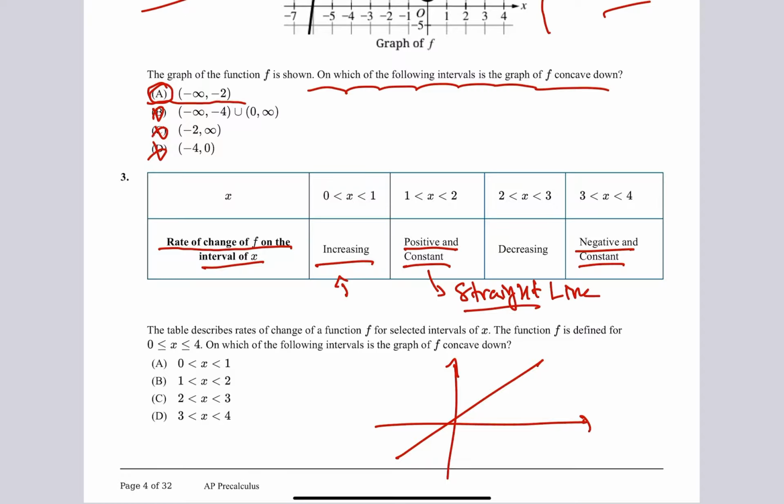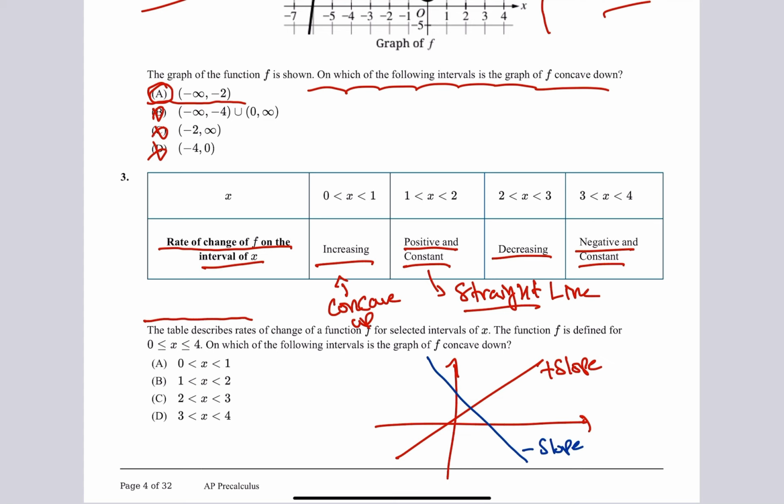Negative means that the slope is negative, so you're dealing with a negative slope, and the rate of change is constant. So whenever you see the word constant, straight line; positive, positive slope; negative, negative slope. Increasing or decreasing means you're dealing with a curved line. Increasing means concave up, or upwards, whatever you want to call it. Decreasing, concave down.